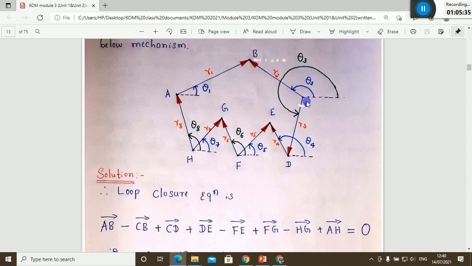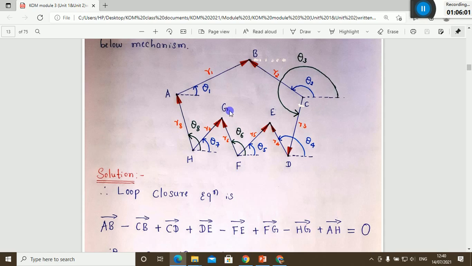Then CD is also along. You can see AB is moving like this, and CD is also moving in the same direction. So CD is positive. DE is also positive. When it comes to FE, it is opposite to this, against the vector DE, so FE is negative.